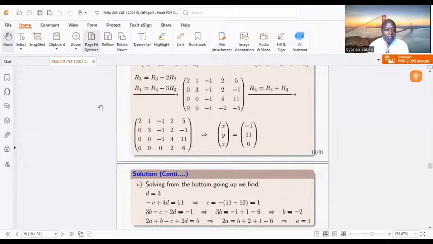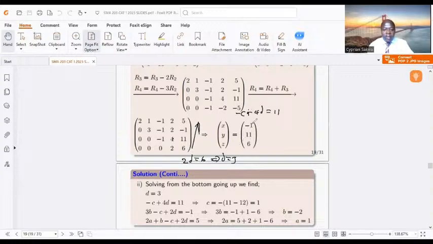So the last row here means what? The last row means 2D is 6. So this means that D is 3. That's why I got that 3. Then you are solving going up. Come to this equation: A, B, C. So this is -C plus 4D is 11.